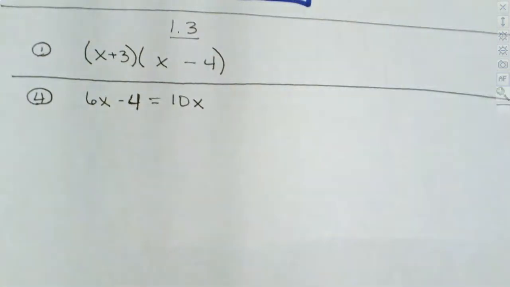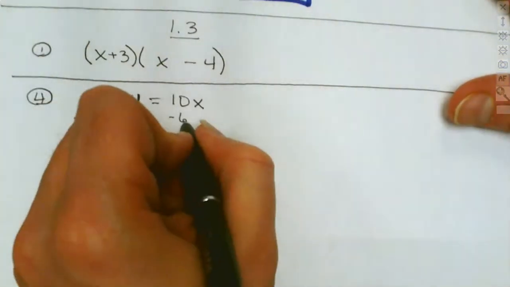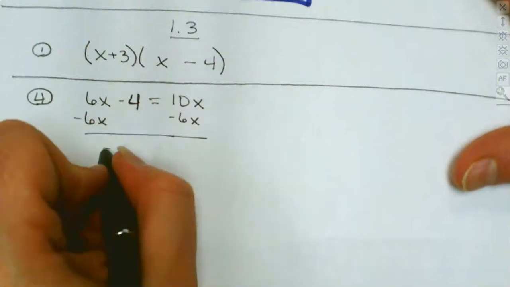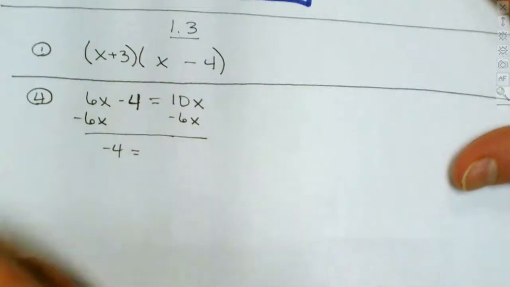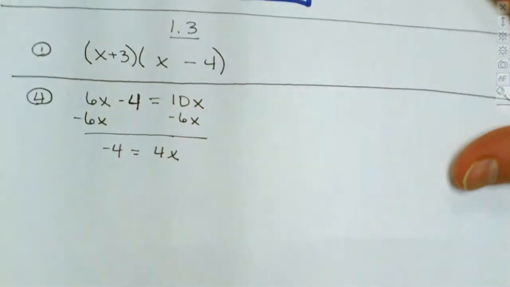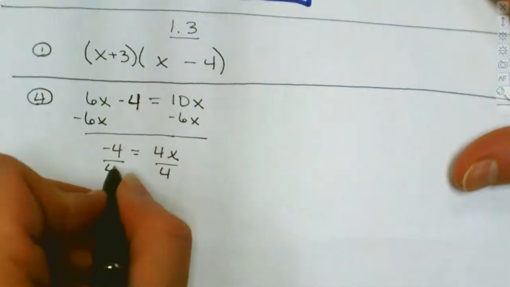We can solve it. So move things around. I'm going to move that 6x over with subtraction so that it can join the 10x. So then we have -4 equals now 4x. Moving it over. We'll divide by 4 to get rid of that.